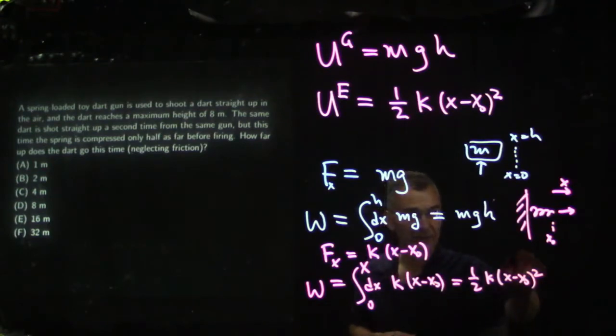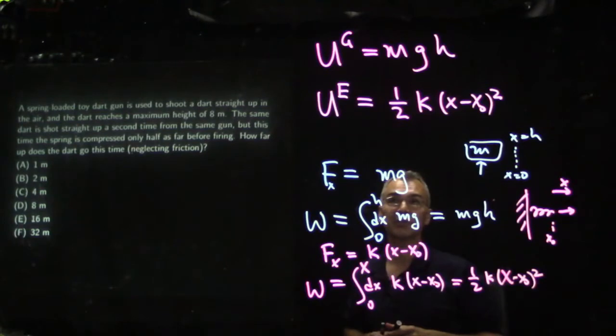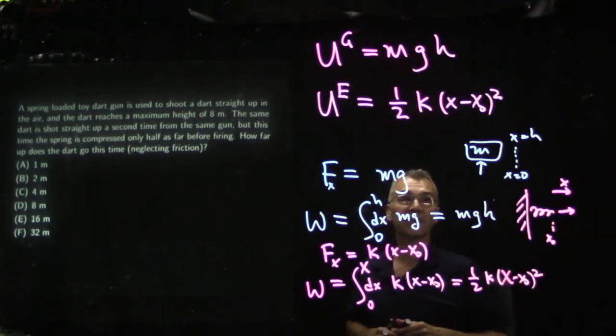So the answer ends up being 1/2 k big X minus x0 all squared. Okay, so the potential energy stored in a spring is 1/2 k x minus x relaxed squared.